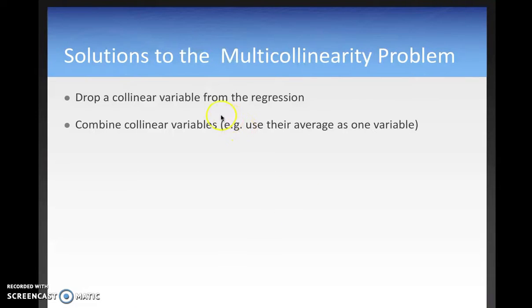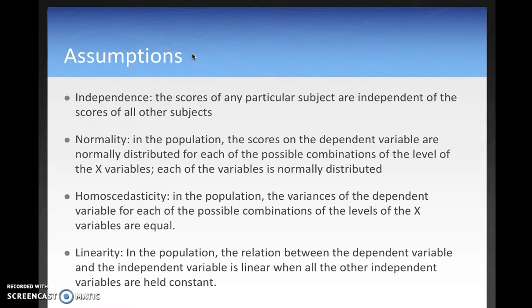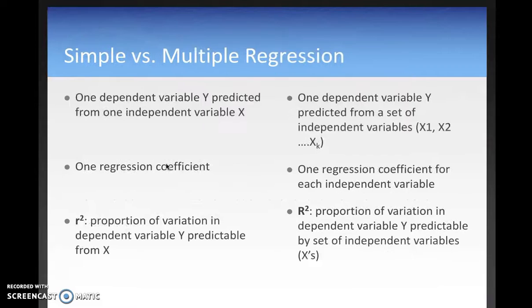We drop a variable from the regression. So if you have two variables that are highly correlated, we eliminate one. Or one other way to do it is to combine the variables. Those are two approaches to deal with multicollinearity. Also here, there are a number of assumptions that are assumed by the multiple regression.